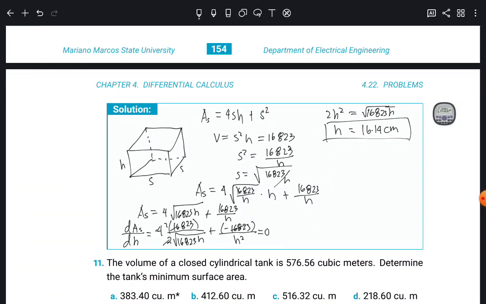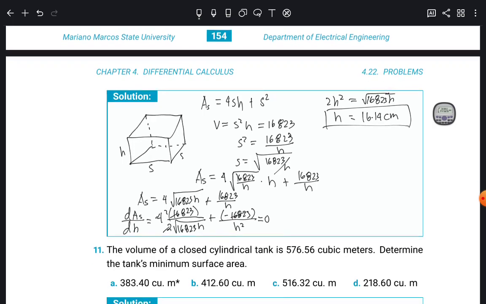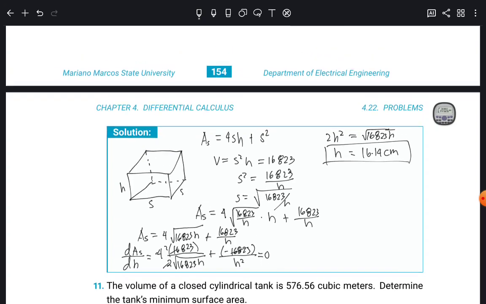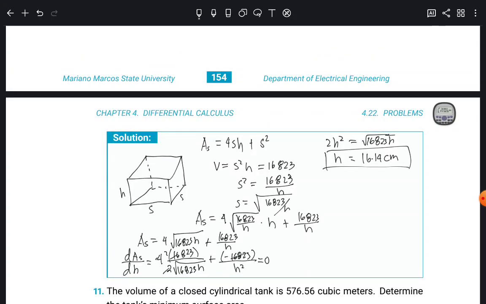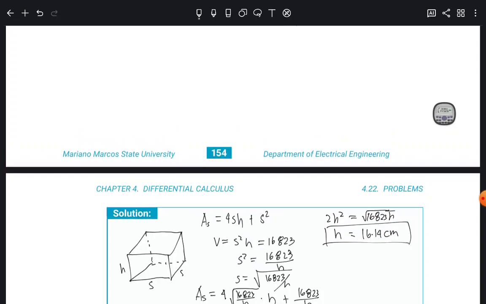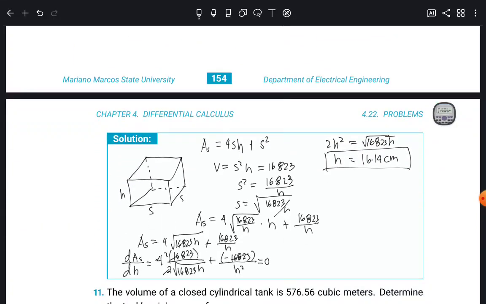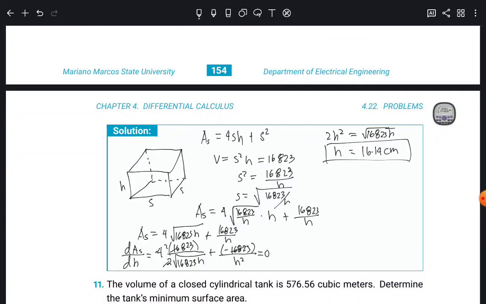There's a shorter way to solve this one without going through this method that we did. It's calculus. It's a derived formula. You can use the formula. If you have an open box, the condition for this one to be maximum, or at least amount of material that will be used, is the side of the box, or the square of the bottom of the box, should be equal to twice its height.